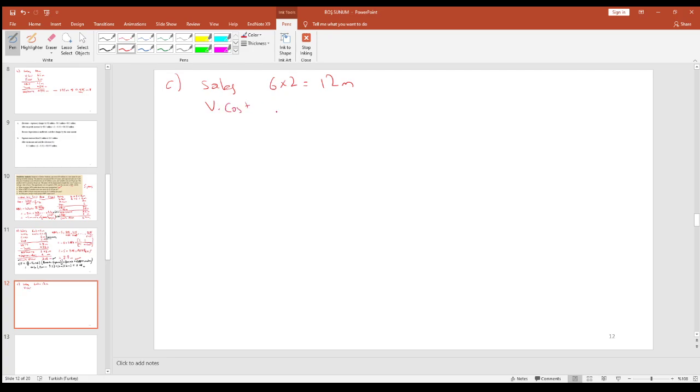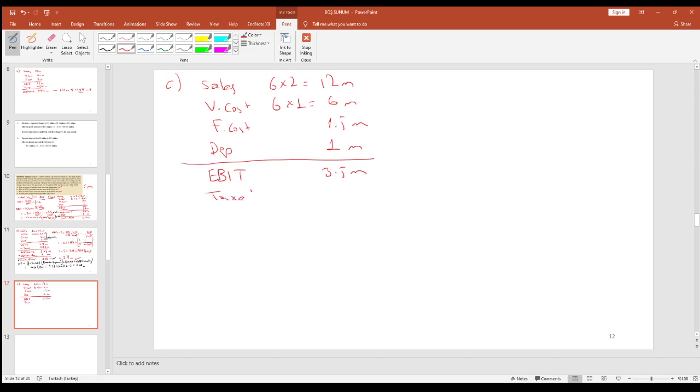Variable cost is 6 million. Fixed cost is 1.5 million. This is the variable I change. So depreciation is 1 million. So earning before interest and tax is 3.5 million in this case.